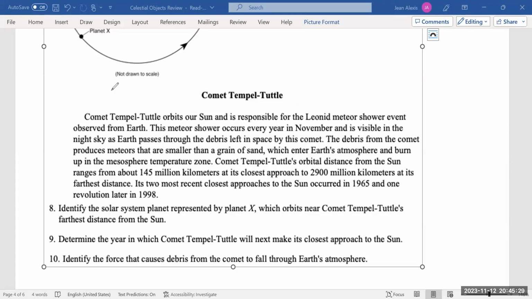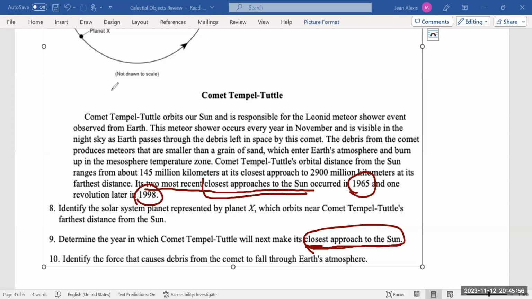When I look at the reading, one thing that's interesting, it tells me its two most recent closest approaches to the sun. Sometimes when you're doing a reading, you may have to just look at similar words, and that can help us in the question. The question says closest approach to the sun, and it says the two most recent closest approaches to the sun occurred in 1965 and 1988.